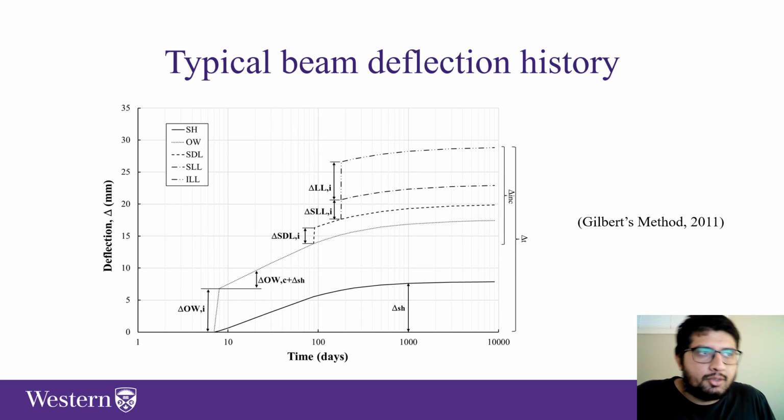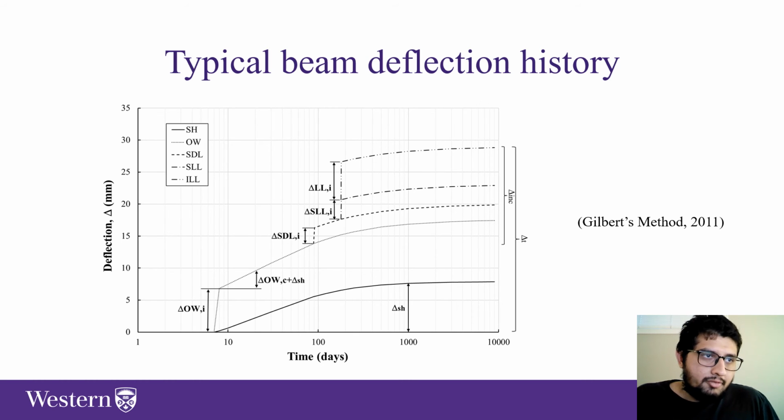This figure is showing the variation in deflections on the vertical axis and the time in days on the horizontal axis. In this chapter, Gilbert's method was used to calculate all the different types of deflections, which include the shrinkage deflection labeled delta sub sh, which is due to the horizontal deformation differences in the compression and the tension region of a beam cross-section.